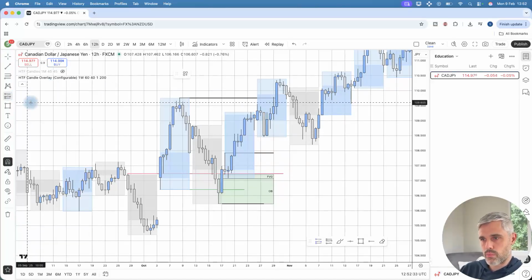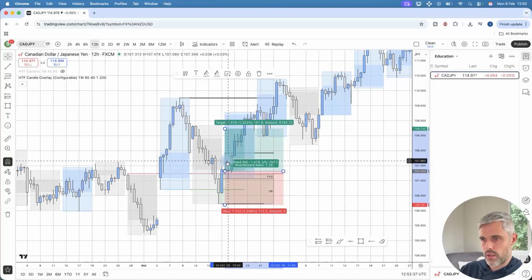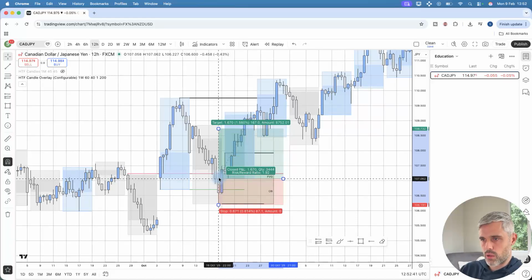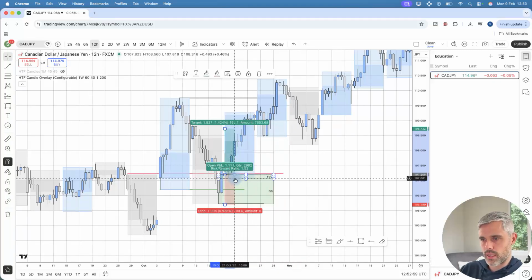So instead of placing our long when this candle prints, we can refine to either the order block or the fair value gap. Let's leave the stop loss below the low for now, but let's make that little shift to say, rather than entering at the close of this candle, I want to enter at the internal range liquidity that exists in the price leg, which is the fair value gap.